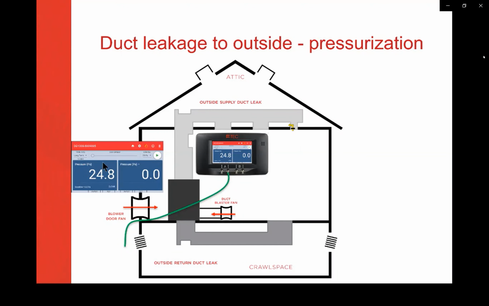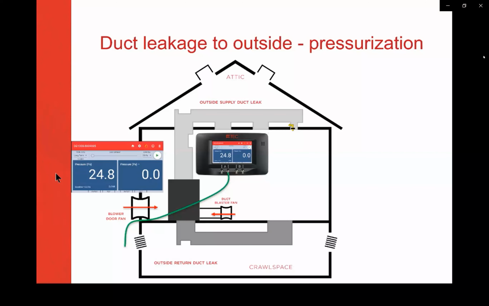You can be in whatever mode you want, because you're not measuring flow at this point. You're only measuring pressure, and channel A is always reading pressure. So you can have channel B at pressure, pressure flow at 50, whatever you want. That's irrelevant, because we're only looking at the reading on channel A.